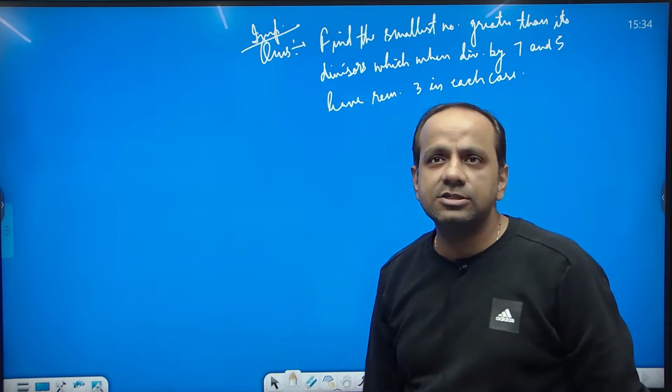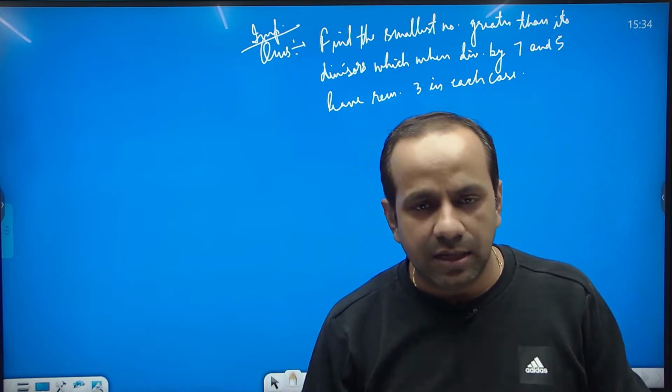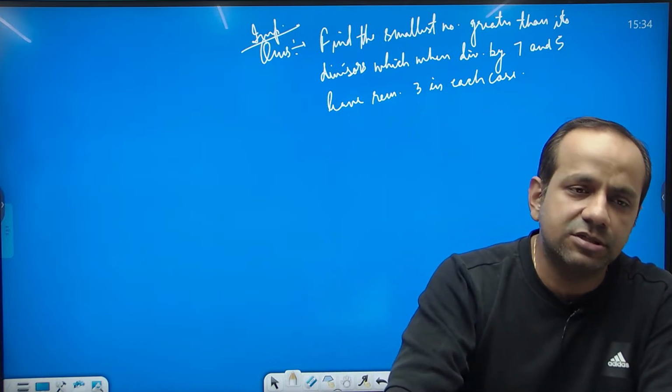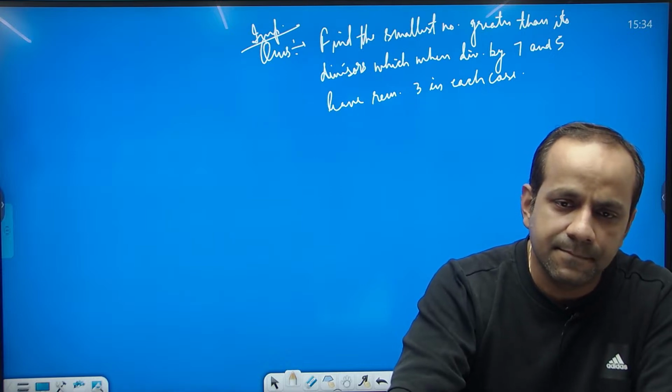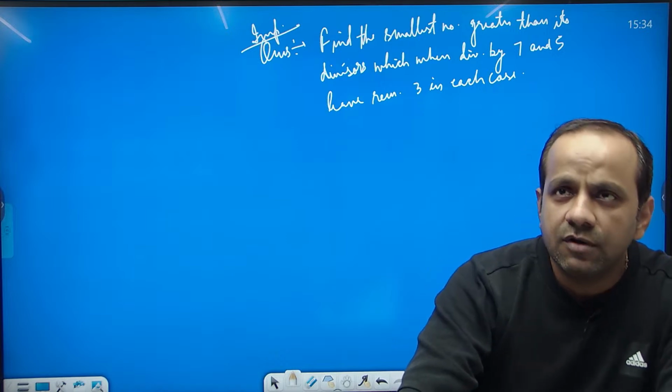What can be that number? Which number will it be that, when divided by 5 and 7, leaves remainder 3 in both cases?